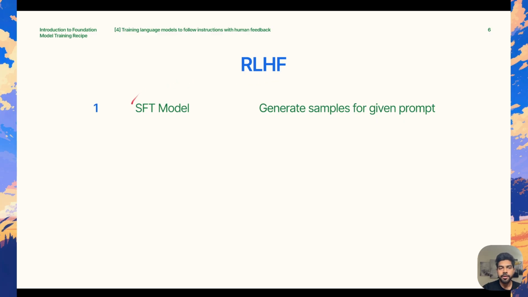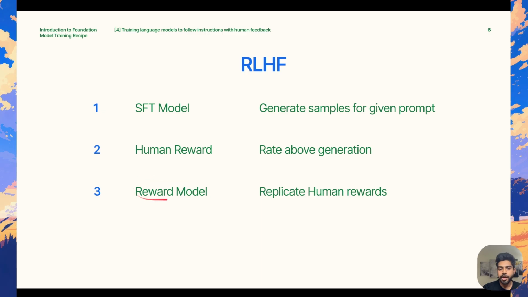We got a supervised fine-tuned model in step 2. Using that model, we generate multiple samples from the same input. Like for an essay, we will generate multiple essays. Now, we will hire a human, and the human will rate those essay generations based on quality. Then, based on those ratings, we will train a reward model such that it can replicate the human rewards, so that in the training process we don't have to involve a human every time.